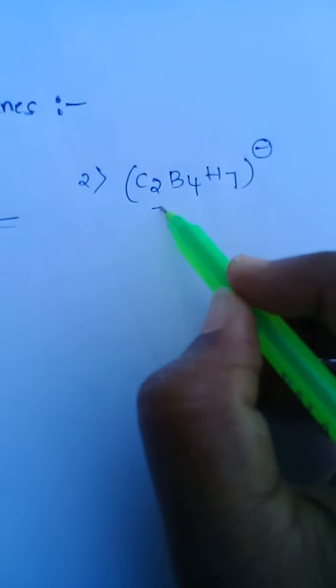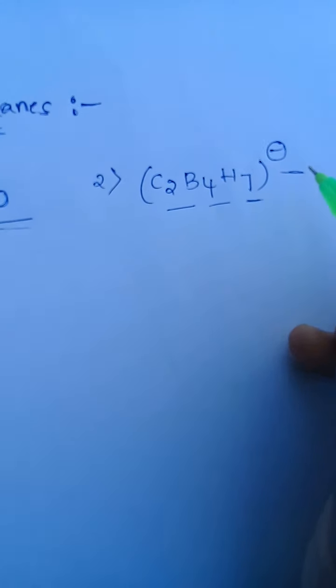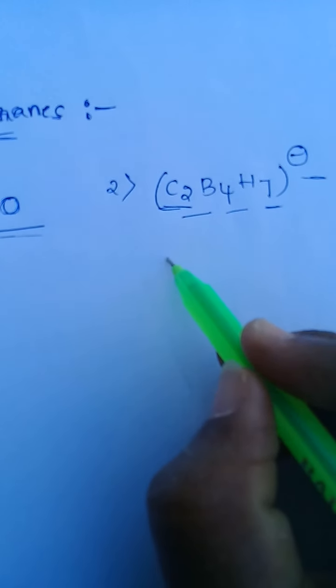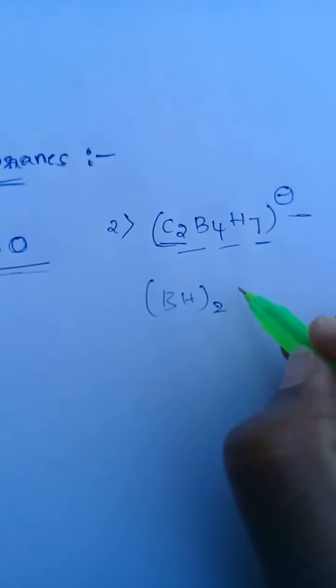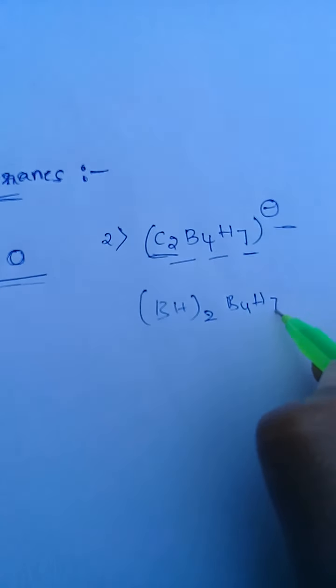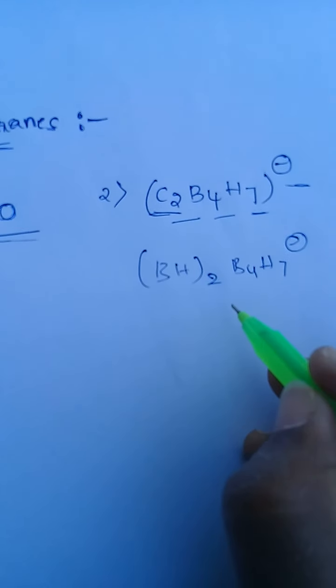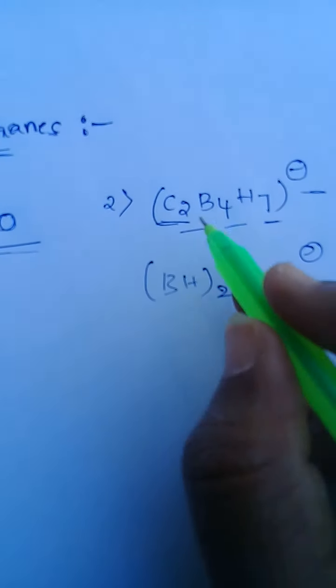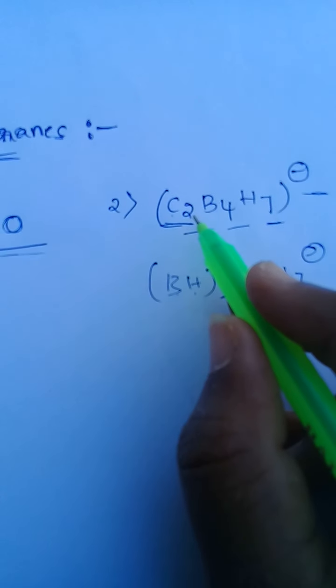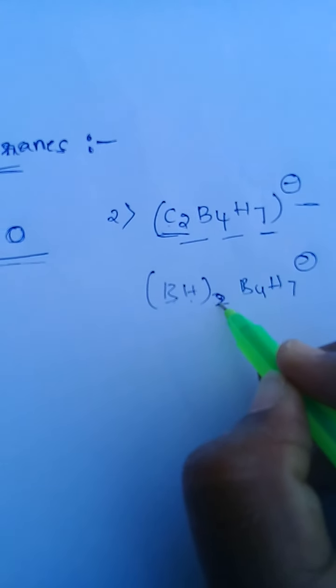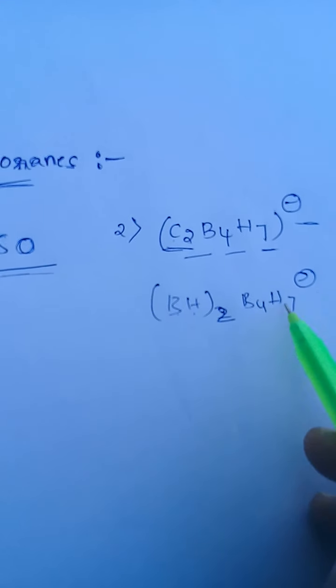Next, C2B4H7 minus. C2 means BH twice, B4H7 minus. In the place of carbon we add BH, and 2 carbons are present, so 2 BH, plus B4H7 minus.